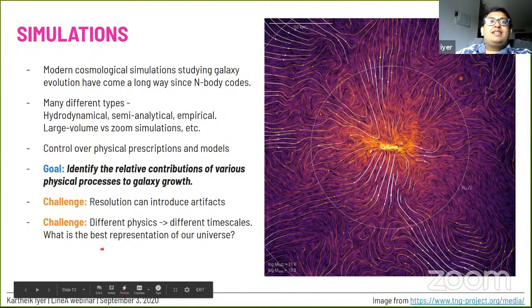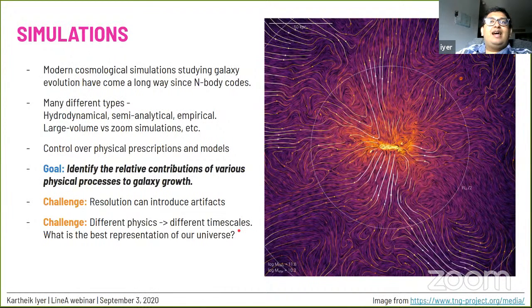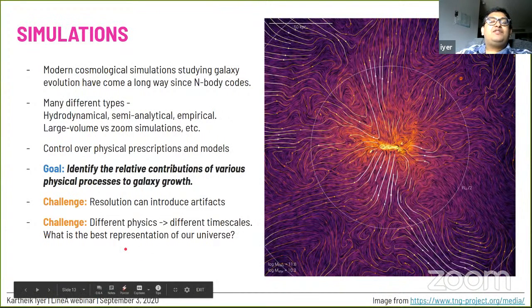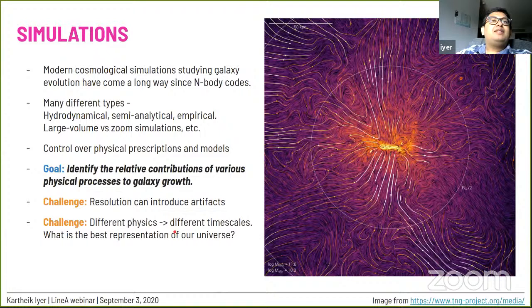Second challenge is that because different physics acts at different timescales, and changing the prescription for any one process changes how all the timescales present because of the interplay between the different processes. It's really interesting to think about what's the best representation of our universe from all the possible physics prescriptions that people put in to simulate universes in these different models.